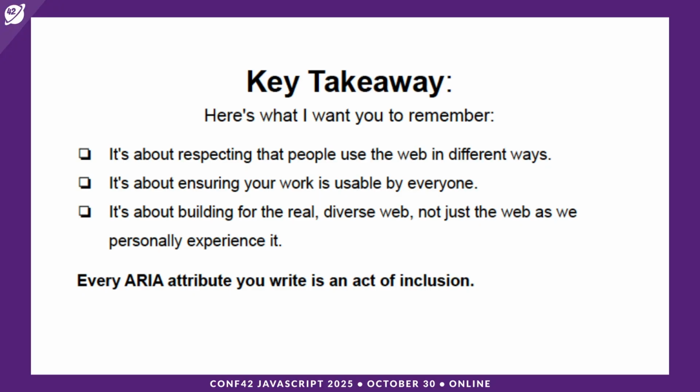It's about building for real, diverse users, all right? Every ARIA attribute you write is an act of inclusion, when done the right way, okay? So it has to be done the right way for you to write something that's an act of inclusion. That's the art of accessibility, making sure that every user feels included.